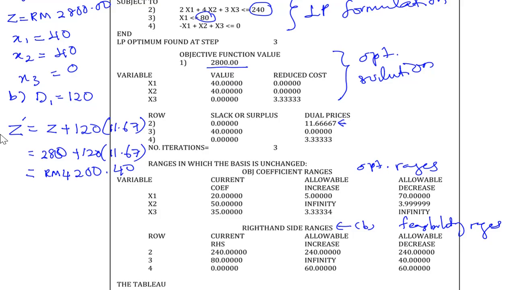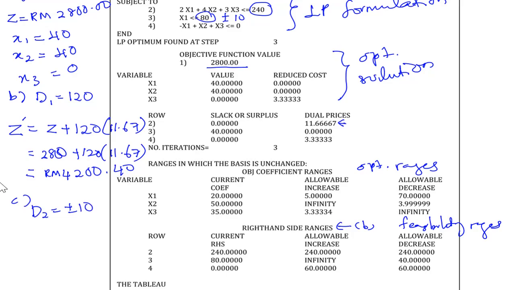Now if there is a change, plus minus 10 units here, so D2 equals to plus minus 10 units.